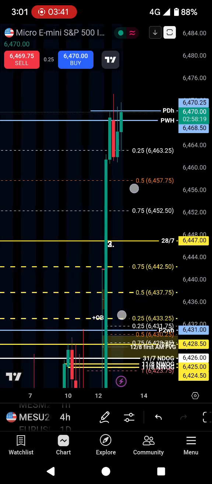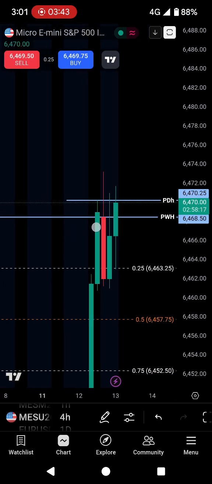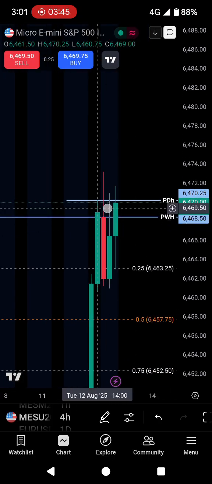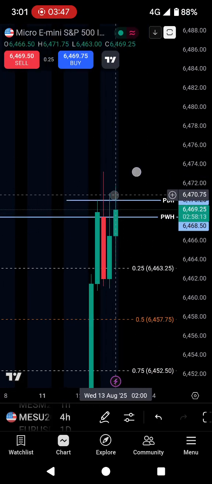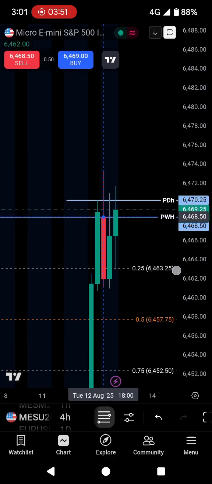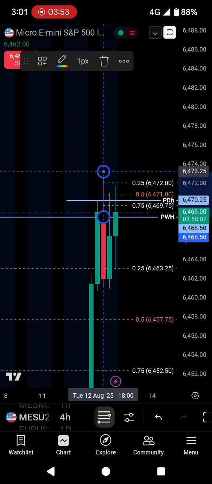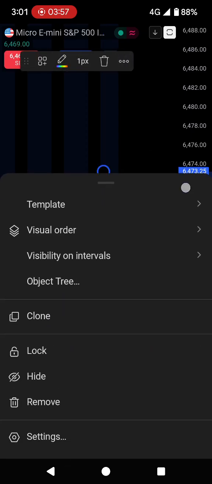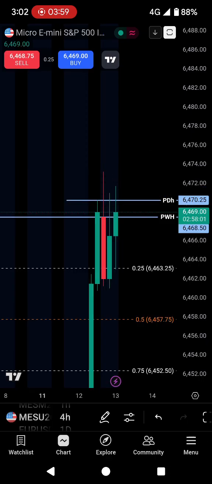So here what am I seeing is that first we close below the previous week high, previous day high as well. So this CE week is going to be important. So 6471.